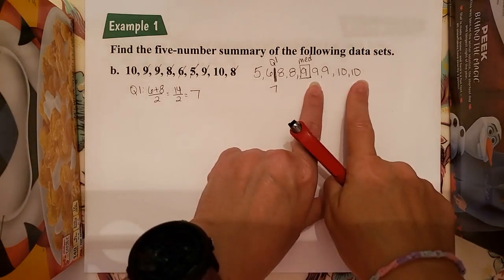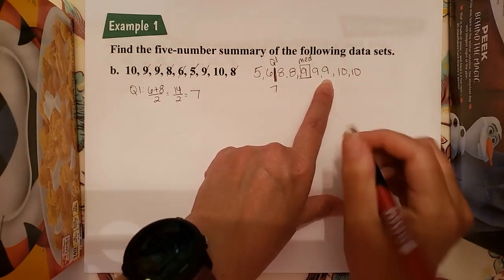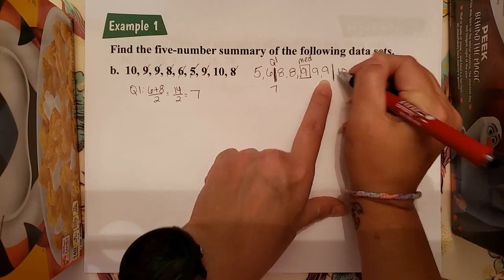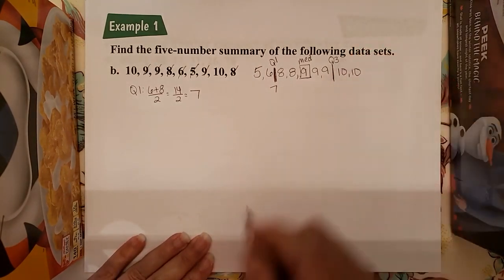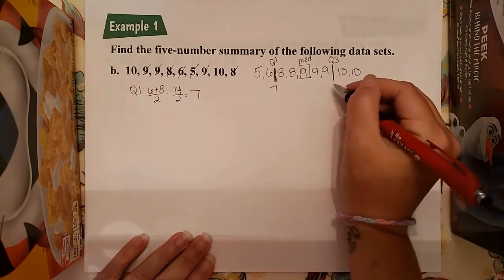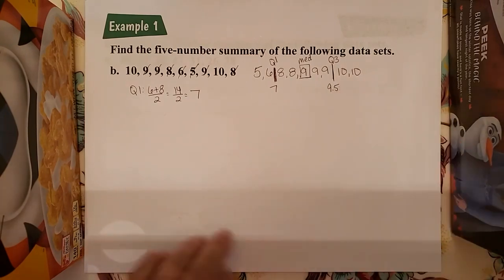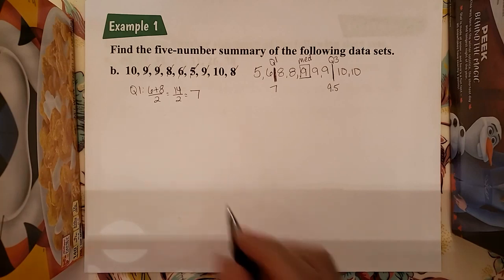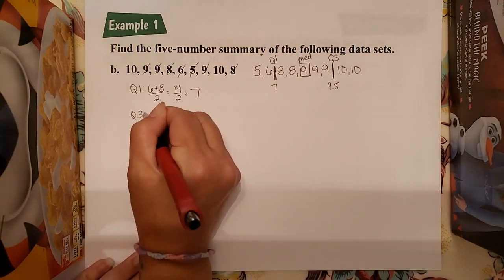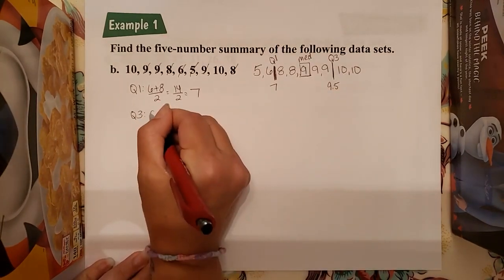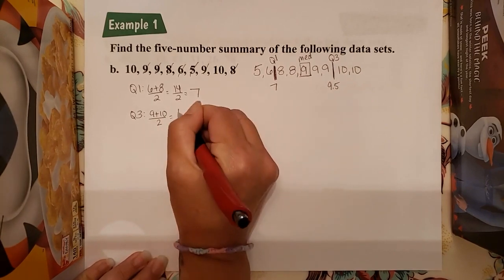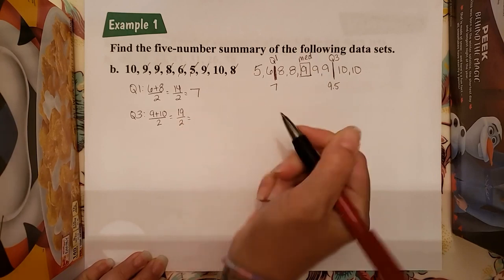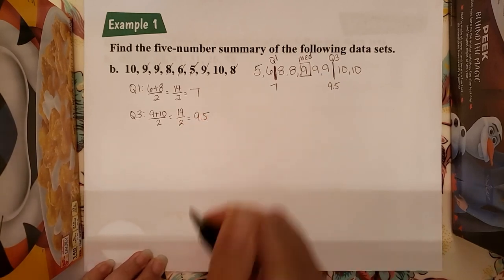Do the same thing on this side. If we work our way in, our median is going to be in between the 9 and the 10. Are you already thinking about what that would be? What's in the middle of 9 and 10? 9 and a half, you say? That is correct. So our Q3, we would add 9 plus 10 and divide it in half. That's 19 divided by 2, which is 9 1/2.